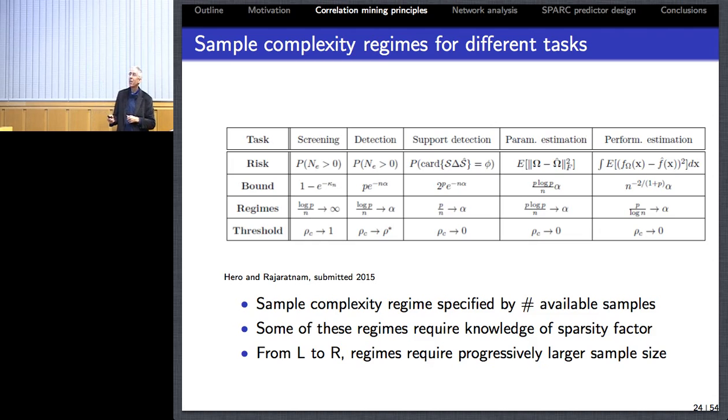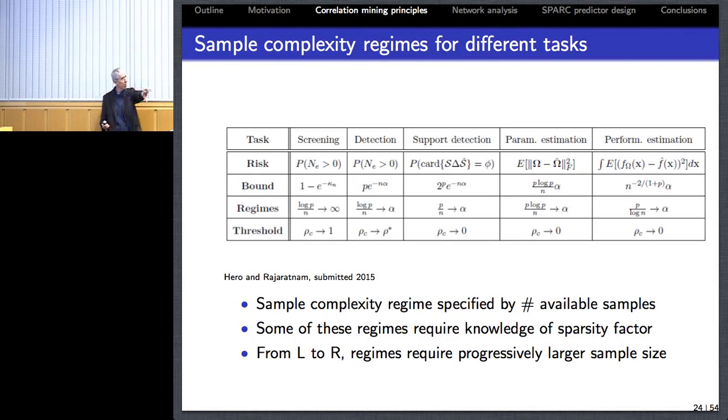You can back off even further. p might be on the order of 23,000, and purchasing 23,000 RNA-seq chips is a pretty large undertaking. So maybe you only have order log p samples. In that case, you can't even localize where those edges are, but you can certainly say whether there are edges or not.